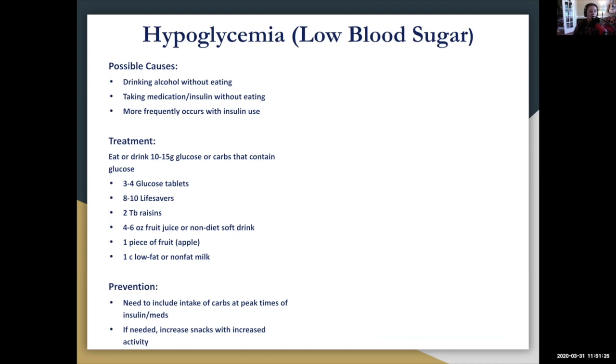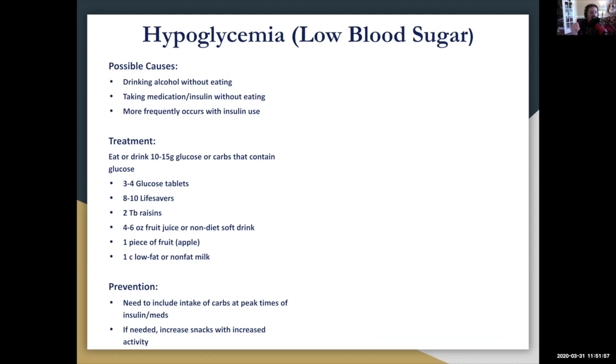So what is 10 to 15 grams of glucose? That's going to be 3 to 4 of the glucose tablets. Each tablet is 4 grams of glucose. If you have Life Savers, we're talking 8 to 10 Life Savers. Raisins, super useful. 2 tablespoons is all you need to eat. A lot of patients like to keep the little cans of juice around because they're quick and they are already small enough.